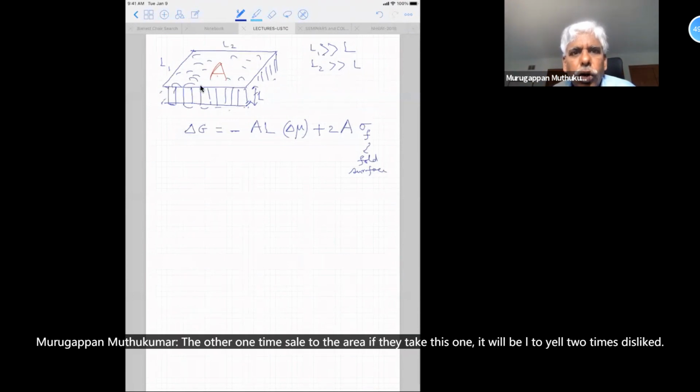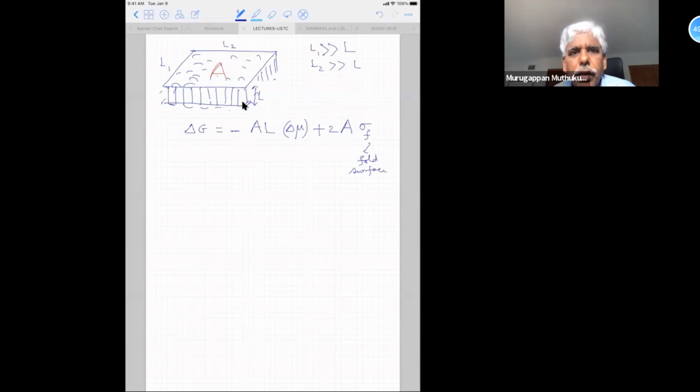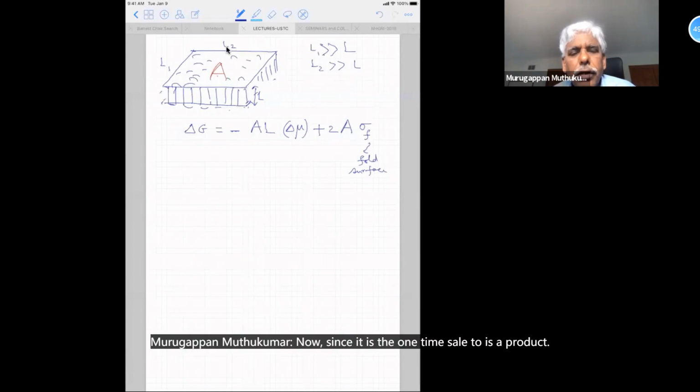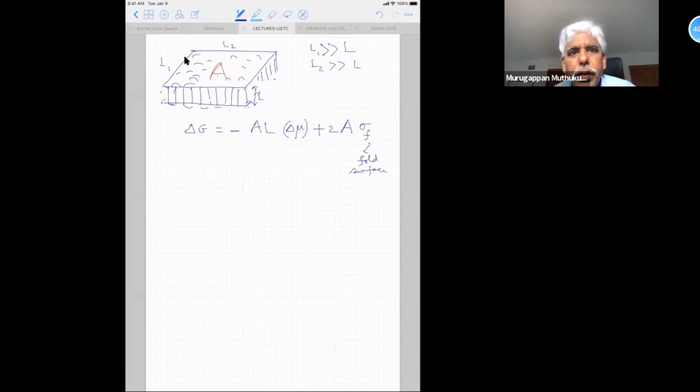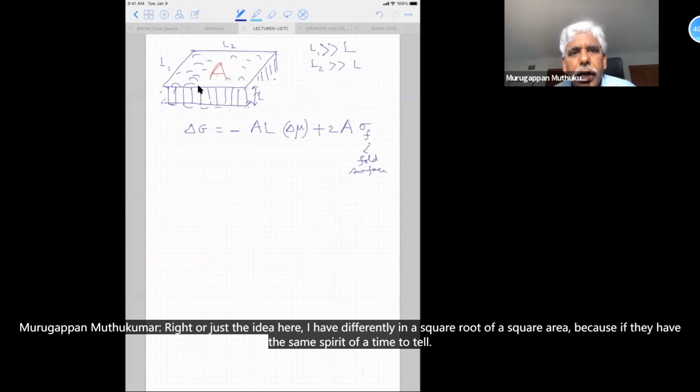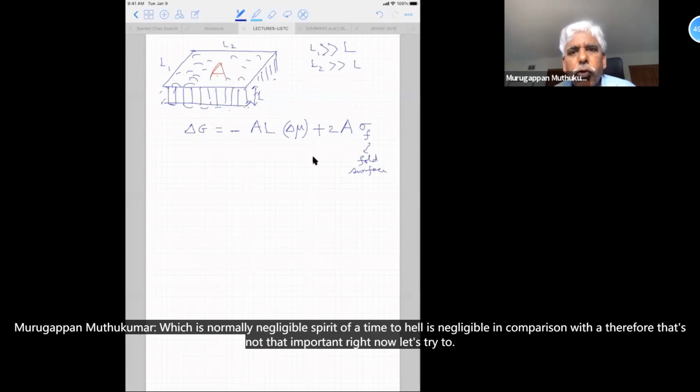If I take this one, it will be L2 times this length. Here I have only the square root of A, because if they are the same, square root of A times L is negligible in comparison with A. Therefore, that's not that important.